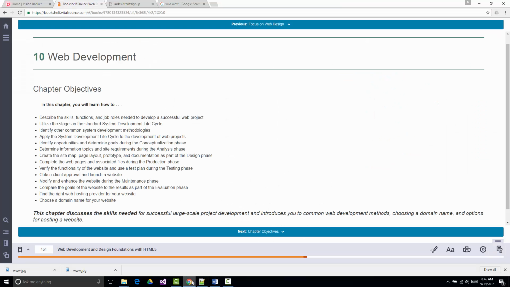All right, so I'm going to jump into Chapter 10, which starts in your book on page 451. As you can see, it's entitled Web Development. And again, I don't feel like sitting there and reading chapter objectives to you. But the idea is what they do in this chapter is they say, okay, you're going to work for a company. And at that company, these might be different jobs that you could have at that company.